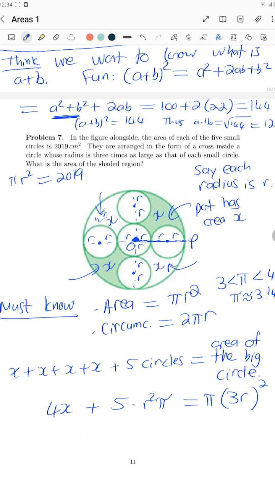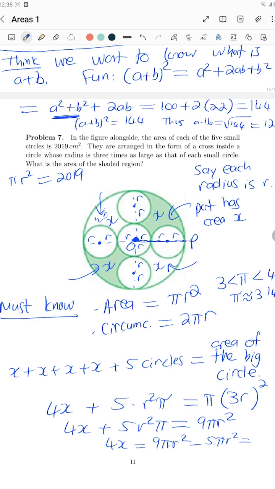Now let's try to put everything together and see what we get. We get that 4x plus 5 r squared pi is equal to 3r times 3r, which is 9 pi r squared. Now I've written this in a funny manner, but you can clearly see that 4x will be 9 pi r squared minus 5 pi r squared.